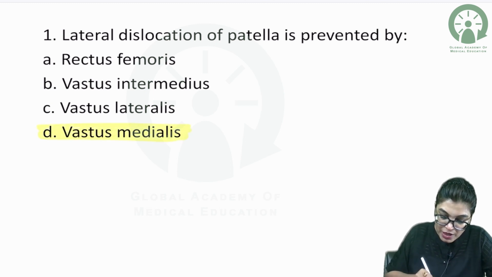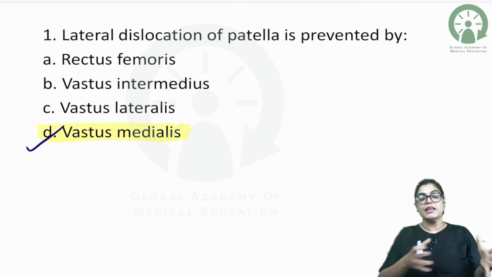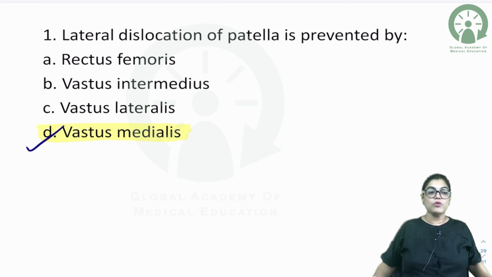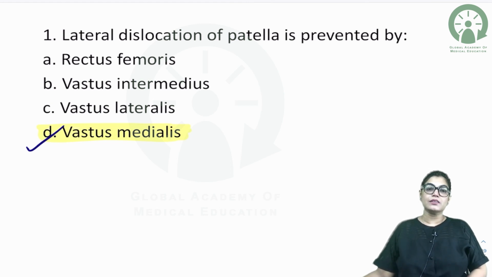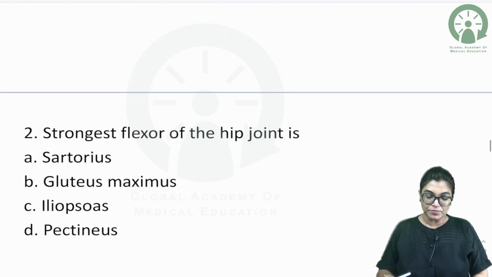It is a very important muscle inserting onto the base of the patella and the medial border of the patella bone, extending more onto the medial border and medial aspect. So, lateral dislocation of patella is prevented by which muscle? The answer is vastus medialis.